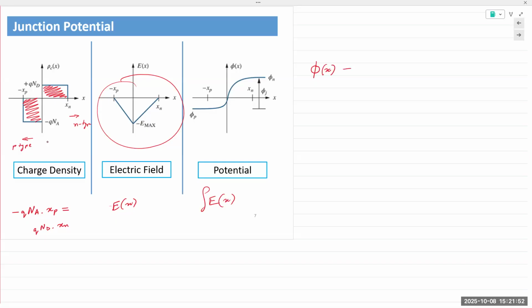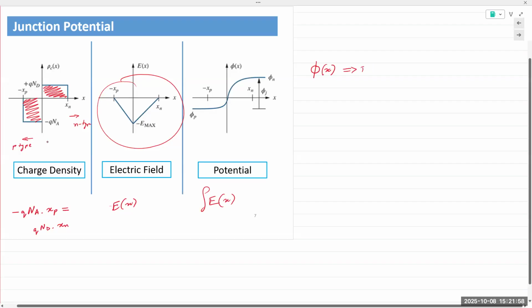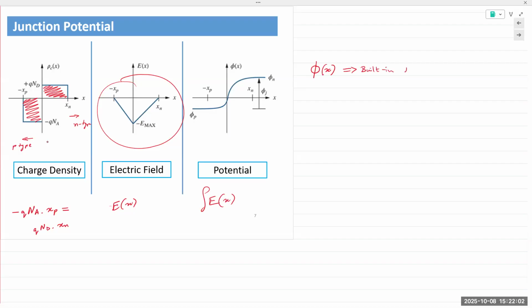And phi is known as the built-in junction potential. Okay, built-in junction potential.